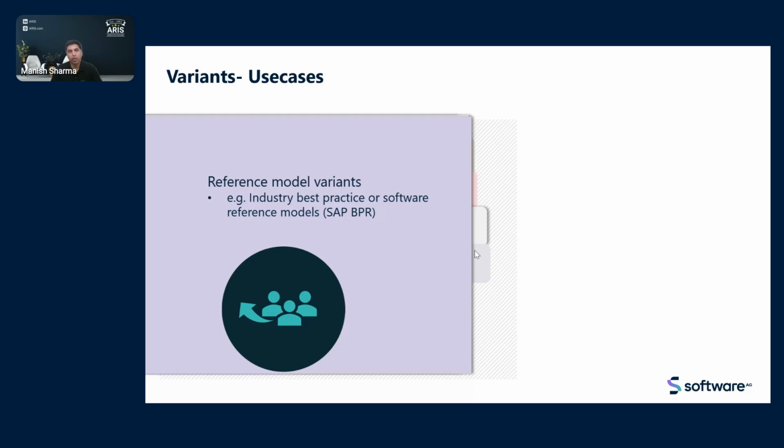So you can compare SAP's best practices to how it has been implemented within your organization based on your specific needs. So you'd be creating a variant of the reference. So those are some of the use cases for managing variants, or why you would be creating variants in ARIS.